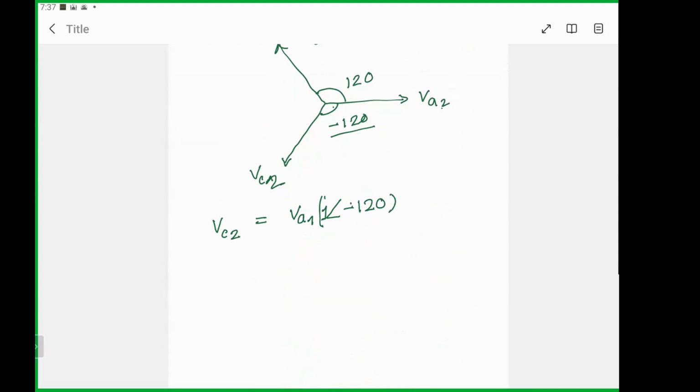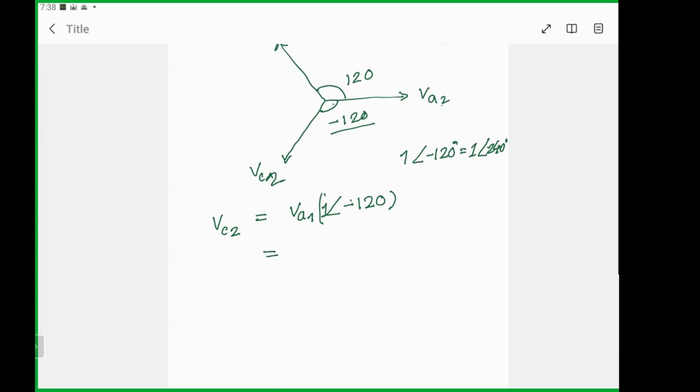Or I can write 1 angle of minus 120 instead of minus 120. So 1 angle of minus 120 is equal to 1 angle of plus 240, the same. So minus alpha and alpha square are equal, so this will be the same.